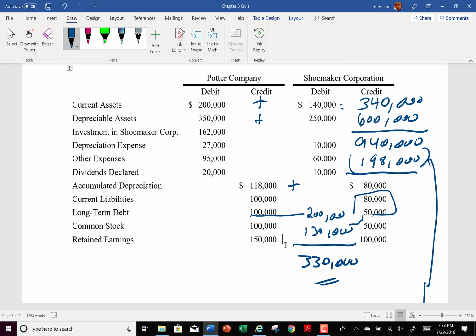And so I subtract dividends. Dividends are, what did they say, 60,000? 20,000. Dividends are 20,000. And when I do the math on my statement of retained earnings, I end up with an ending balance of 294,000.